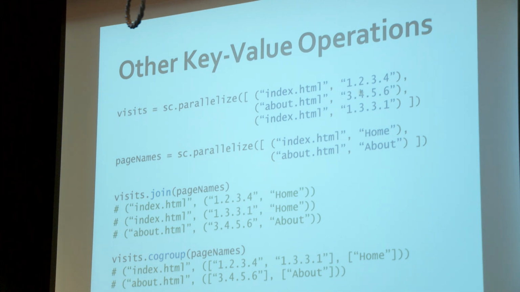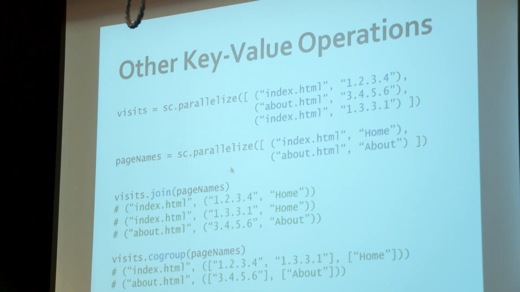So one person visited index.html, someone else visited about, someone else visited index. Then say you have a second data set, which is the page names. For each key, what is the name of the page? This is often how you organize data sets. You're going to have different tables with the same key.